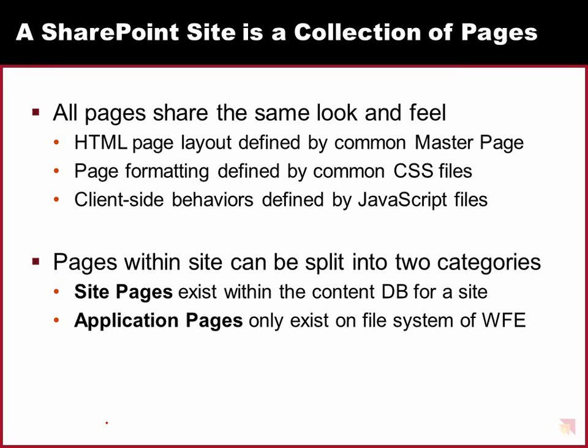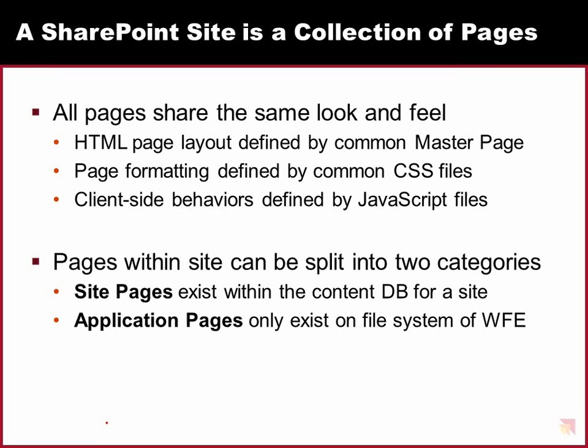There are site pages that exist inside the content database, at least they're tracked inside the content database, and they might render using a page template on the web front end, or they might render using a customized copy of a page that's been written into the content database. There's also application pages that are served out of the _layouts directory. So knowing the difference between those is important.